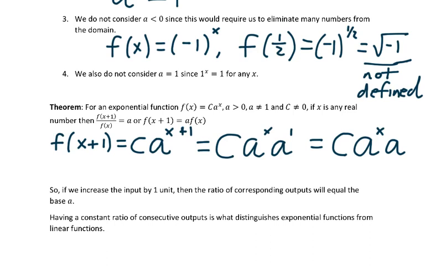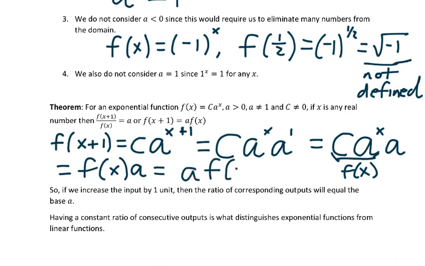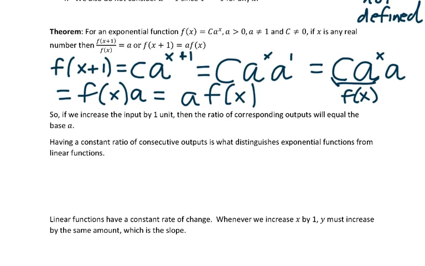And remember, this is our f of x. So we really have f of x times a, which of course is a times f of x. So we just proved this equation here, and from here it's easy to get this equation, you just divide. So again, what this is saying is if you increase your input by 1 unit, the ratio of outputs will equal the base a.